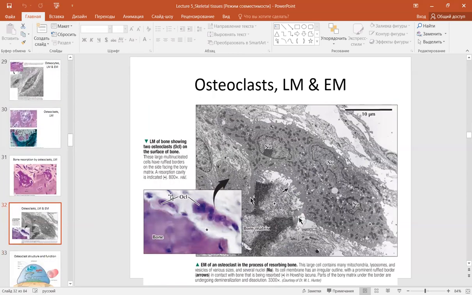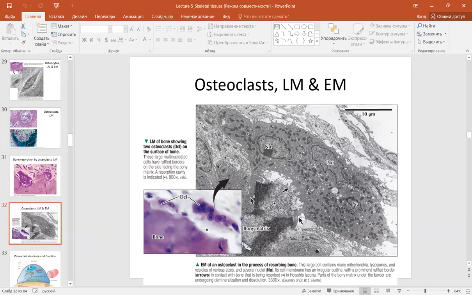Here you have the electron micrographic representation of the osteoclast present in the Howship's lacuna. This is the ruffled border, from which the carbonic acid is delivered to the zone of resorption.